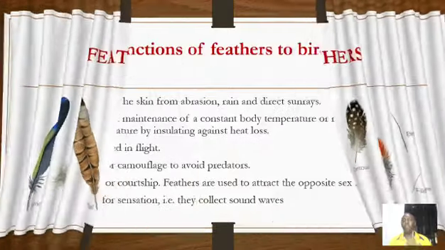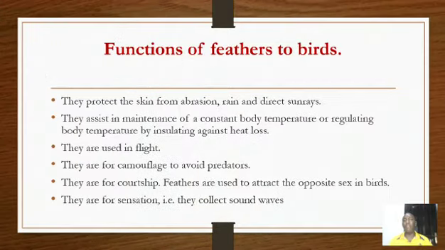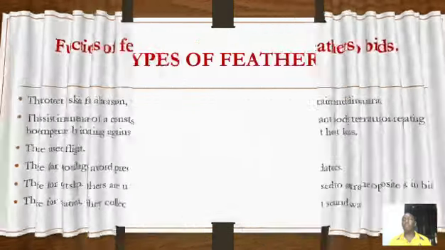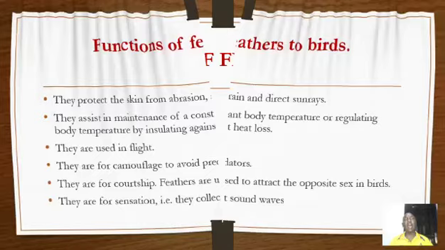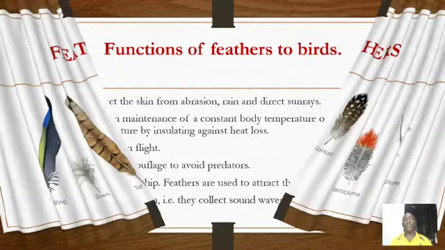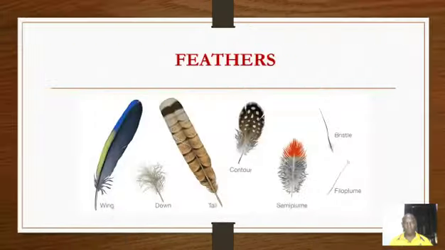We now move to particular feathers and we see the roles of particular feathers. This now brings us to the types, and the four main types. We have what we call the quill feather, the contour feather, the down feather, and the phyloplumes.